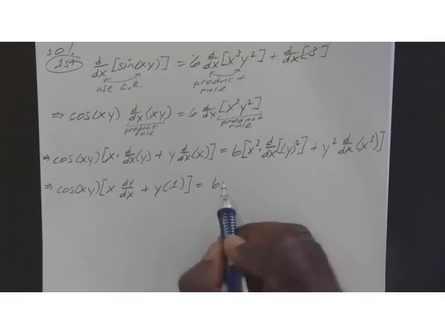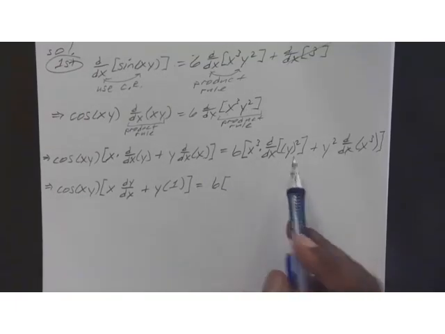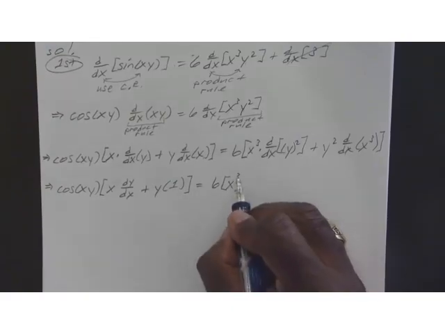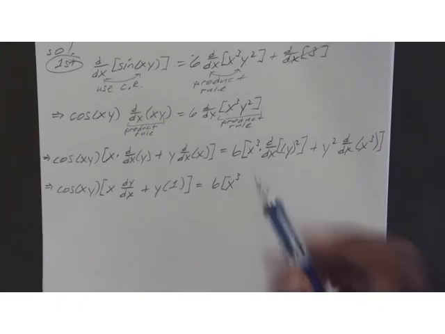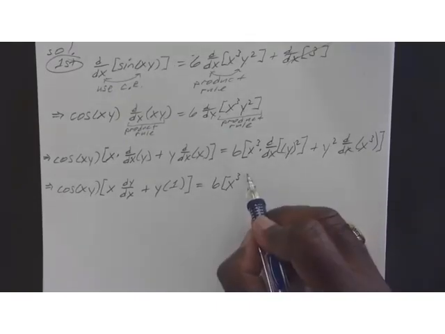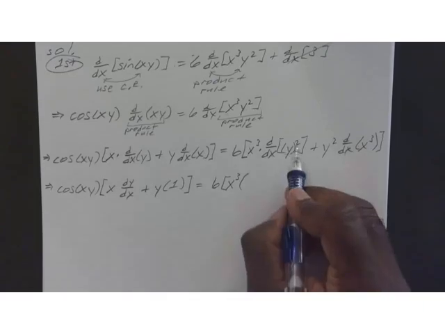Is equal to 6. And again, we just simplify all of this. So we have x to the third power times the derivative of y squared with respect to x. So again, we're going to have to use the chain rule or implicit differentiation, which is just a version of the chain rule.